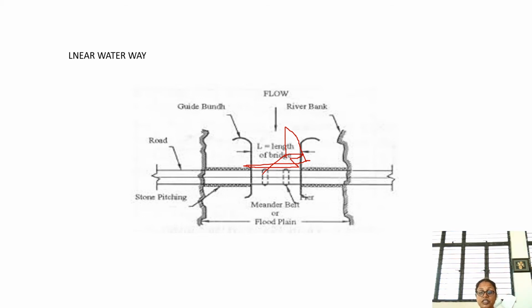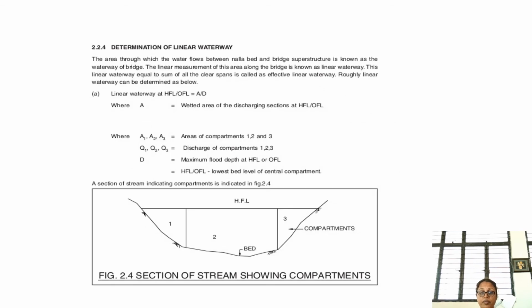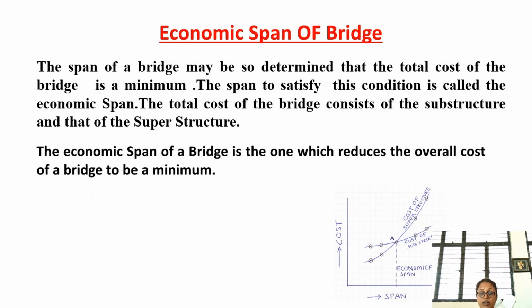The perpendicular direction is the flow, and the one that is measured perpendicular to this flow is the linear waterway. So determination of linear waterway can be done using the hydrograph method or any other empirical formula method. Then comes the economic span of the bridge.